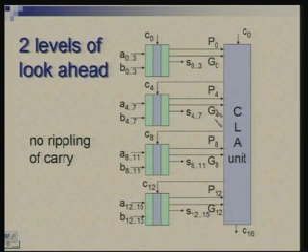And this unit which I am showing here, which is looking at these capital P's and G's and generating these carries C4, C8 and C12 and also C16, would be exactly identical to this small purple box which I have shown. The same idea that C0 is coming here and there are P and G signals. So, either carries get generated through these G's or carry gets propagated according to P signals.